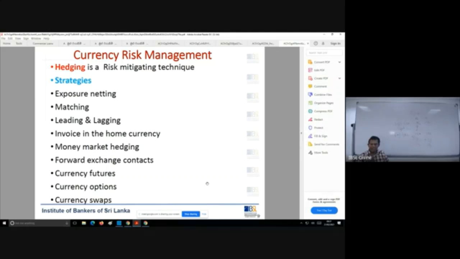So entering into a forward exchange contract protects you or saves you 1 rupee per dollar of foreign exchange. If it is 1 million, it's 1 million rupees you save by entering into a forward exchange contract.